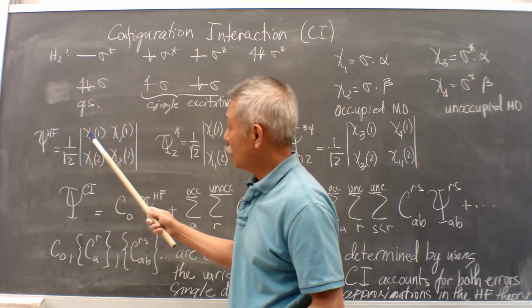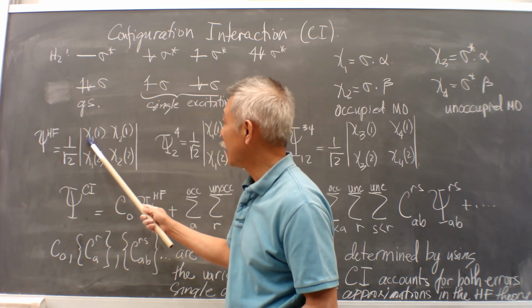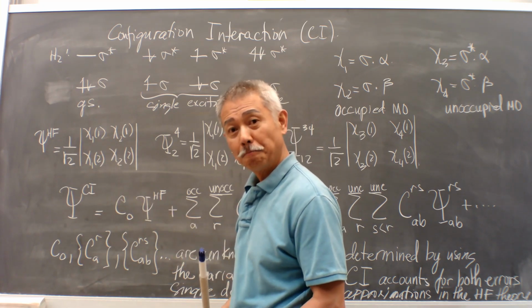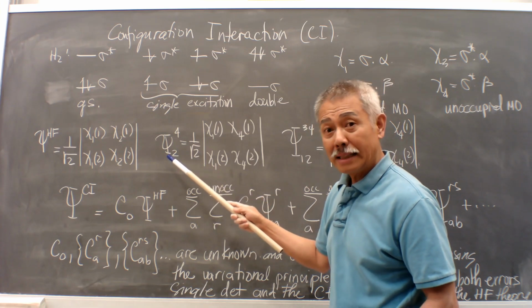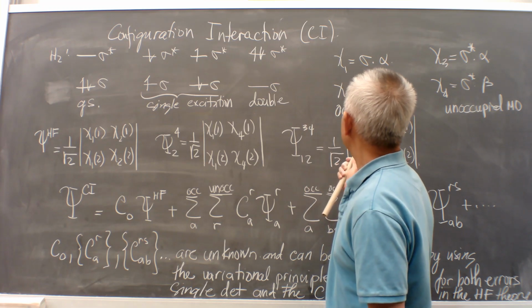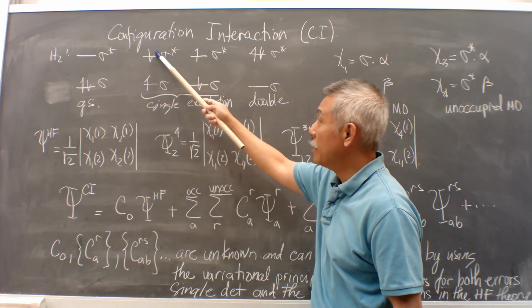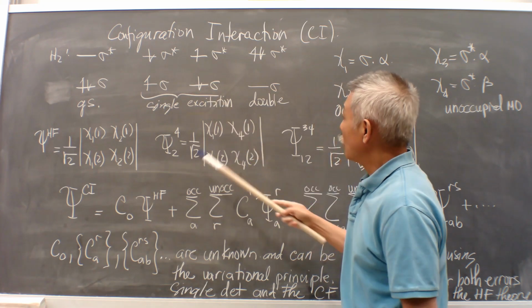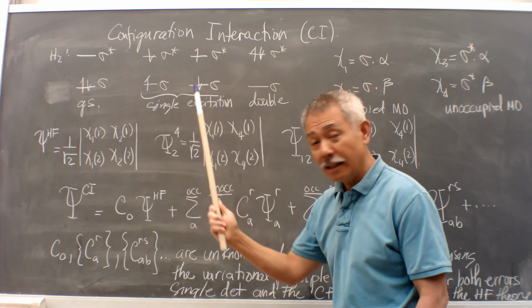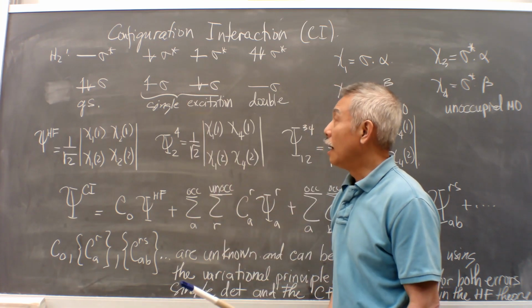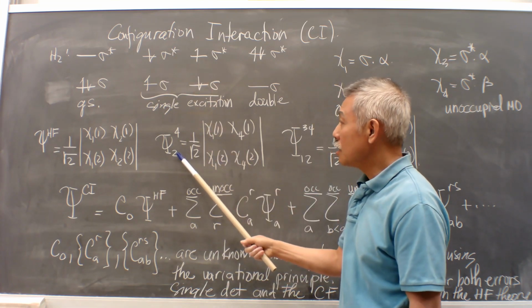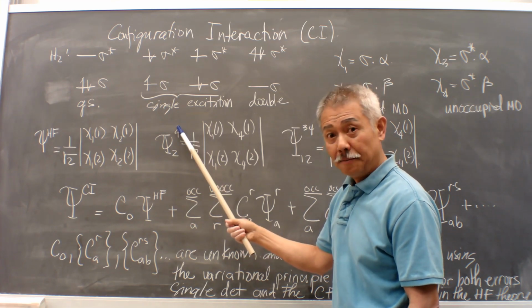The ground state is the Slater determinant of chi1, chi2, for electron 1 and electron 2. For a single excitation, for example, I take chi2, the beta electron, and it goes to chi4, so I stay in the same spin: beta from sigma goes to beta in sigma star. So this is from 2 to 4.